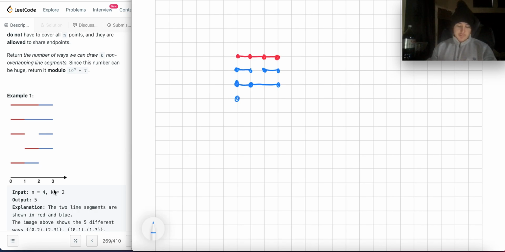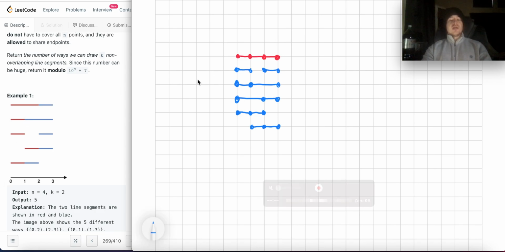I could do the opposite. What else could I do? There's 5 ways of doing this. I could put a line here, here, and finally I could put a line here and here. So these are all 5 enumerable ways.